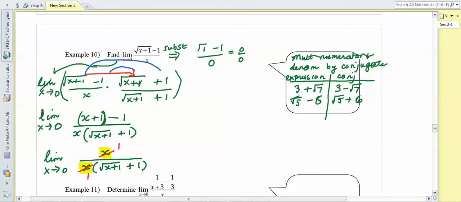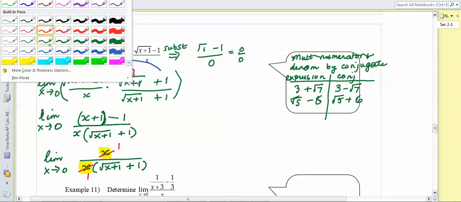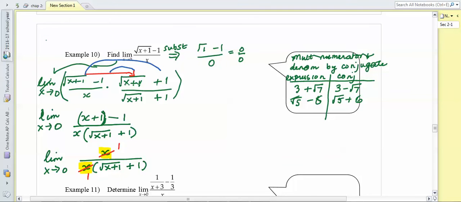And then what we've now got is an equivalent function. By cancelling the x's, we've lost the information that x can't be 0, but that's okay. That just means that's where the hole would be in this function.